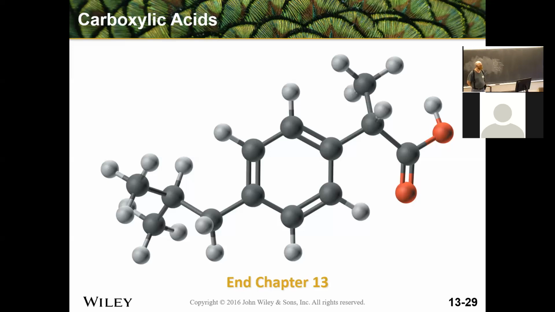pain-relieving compounds. Acetylsalicylic acid is aspirin, and that looks like this. We have an ester and a carboxylic acid. That's aspirin. Then if we form the ester group here, that's called methyl salicylate.